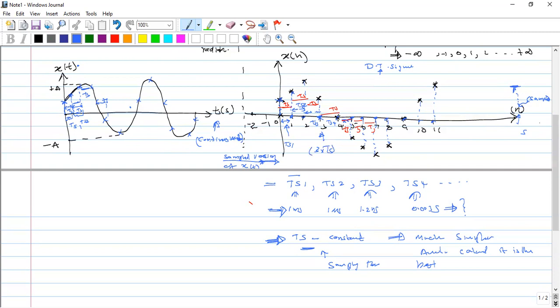The time value here is 9 Ts, and here it is 11 Ts. The time value of the n-th sample is n Ts. So that is how n and t are interrelated. This n is the number of the sample.